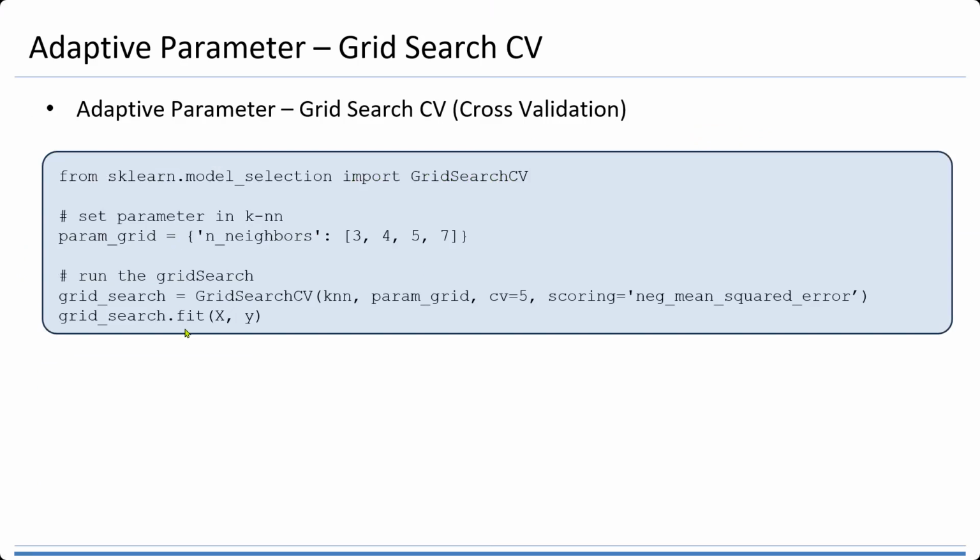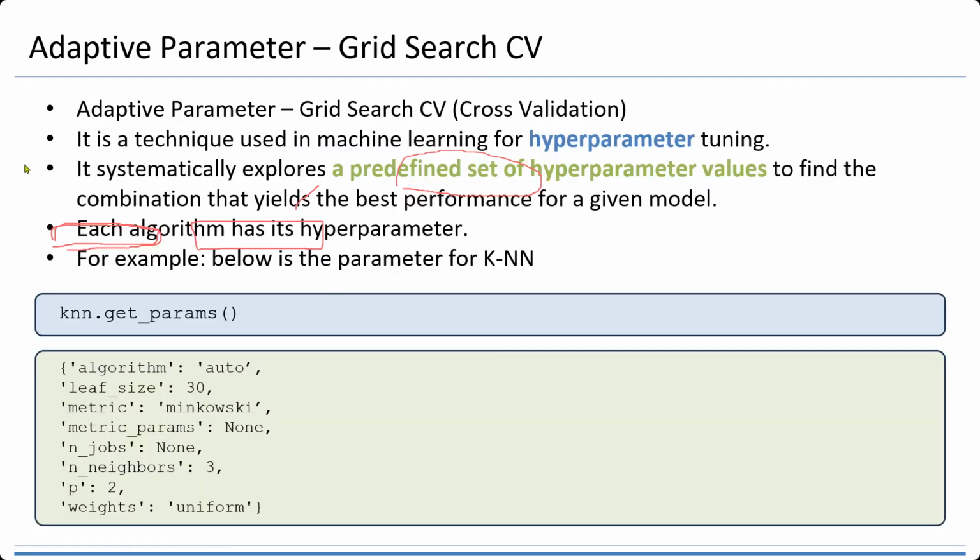Now, using grid search, we have GridSearchCV. I'm going to set up the parameters I want to check. Let's say I'm using the nearest neighbors, n_neighbors, which is from the parameters that we have.